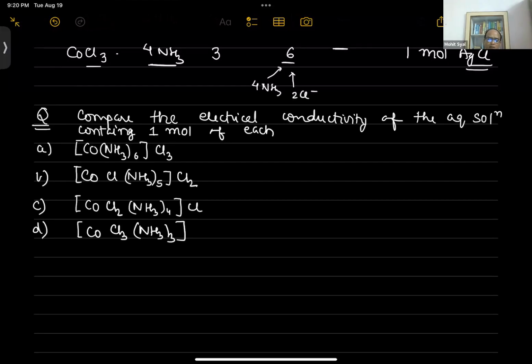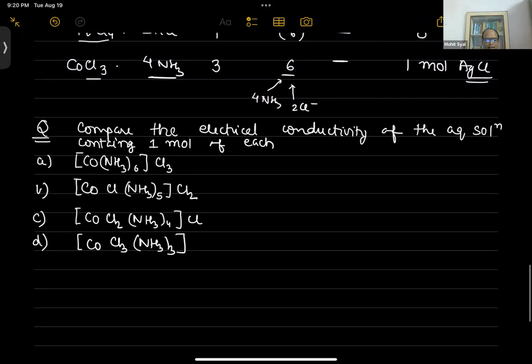Can you arrange them in decreasing electrical conductivity?